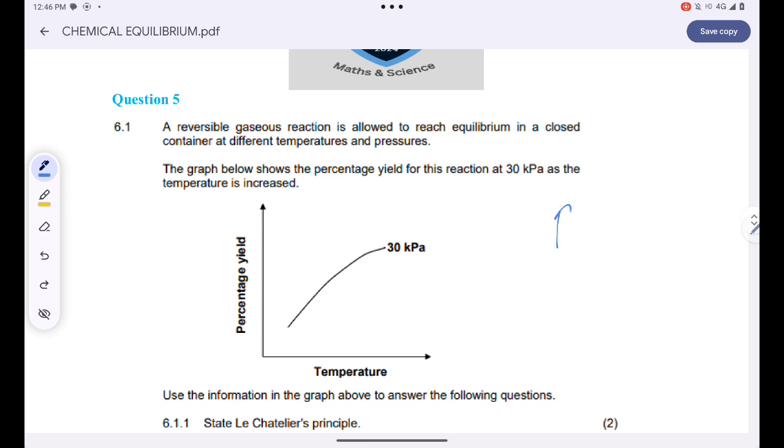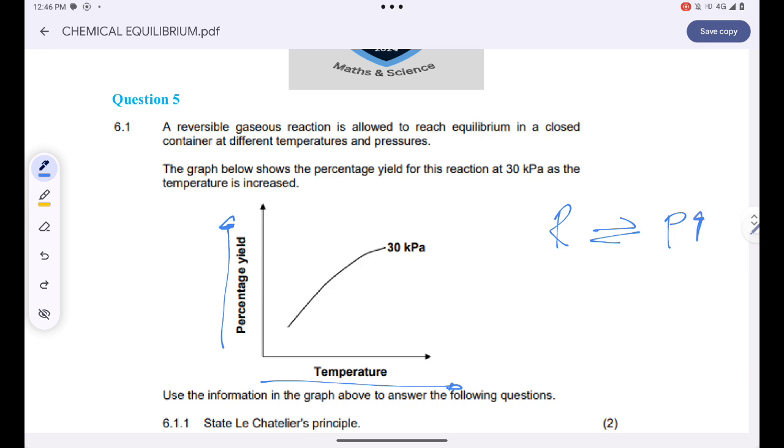We have our reactants and we have our products. I can see that as temperature increases, according to this graph, the percentage yield will increase. And the percentage yield will only increase if the products increase.